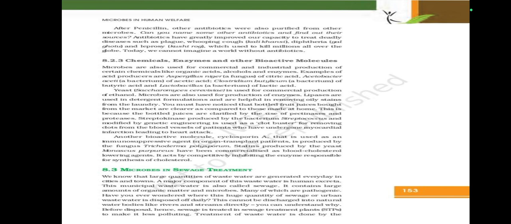Examples of acid producers are Aspergillus niger, a fungus, for citric acid; Acetobacter aceti, a bacterium, for acetic acid; Clostridium butylicum, a bacterium, for butyric acid; and Lactobacillus, a bacterium, for lactic acid. Yeast, Saccharomyces cerevisiae, is used for commercial production of ethanol.